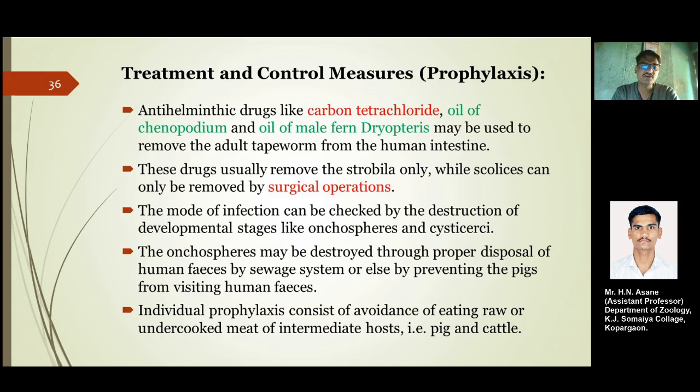The oncospores may be destroyed through proper disposal of human feces, and individual prophylaxis consists of avoiding eating raw and undercooked meat of the intermediate host, the pig or the cattle.